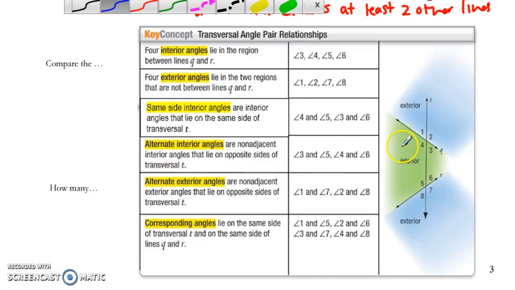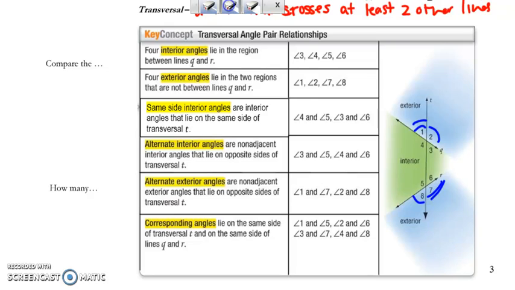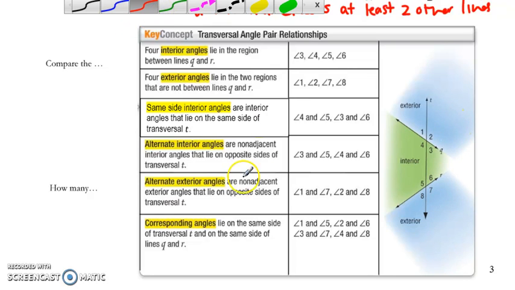Alternate exterior, again, you're on the outside and you're alternating. So like 2 and 8 or 1 and 7. Those would be alternate exterior. And then the last relationship is what we call corresponding, and they're kind of in the same position.